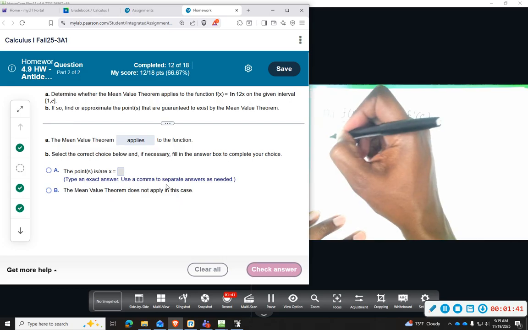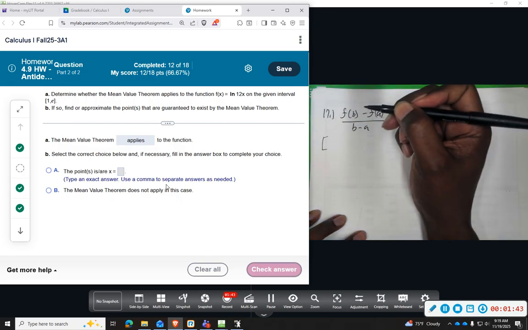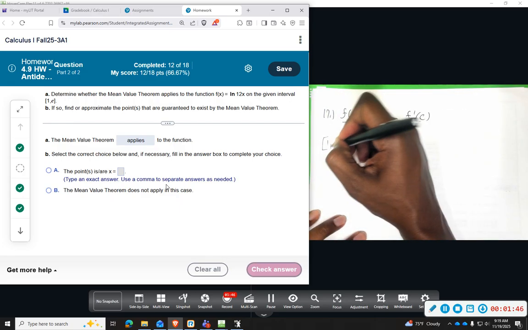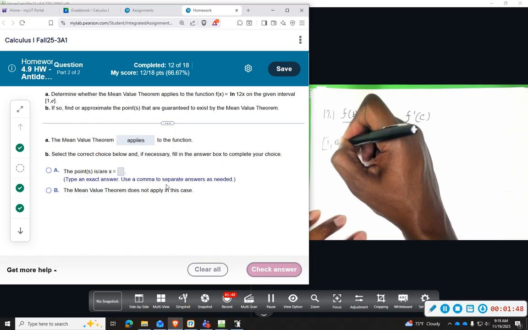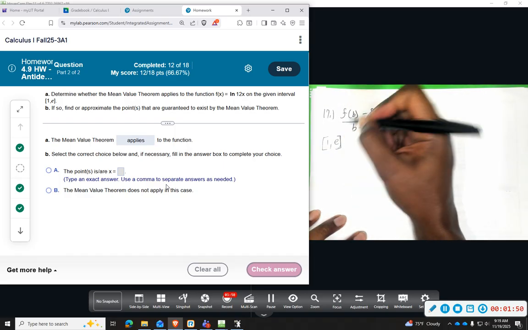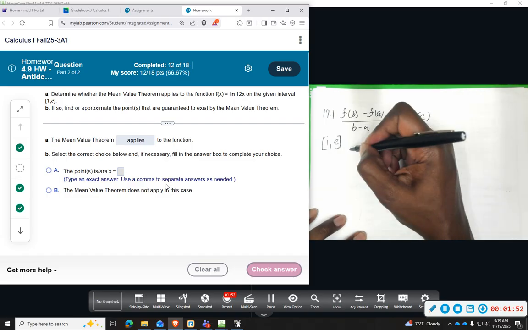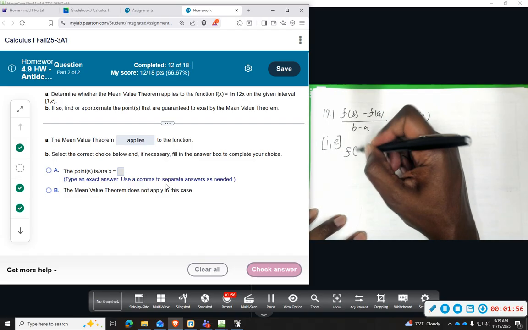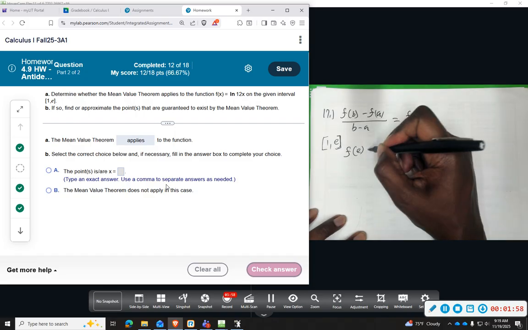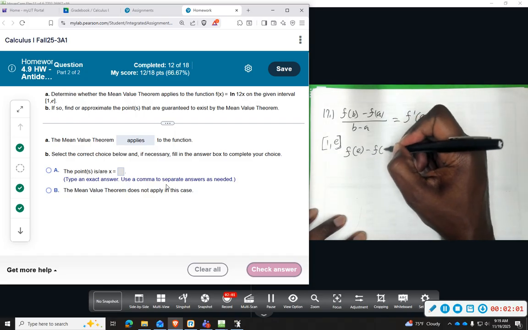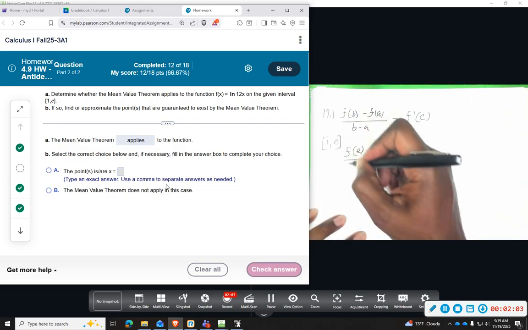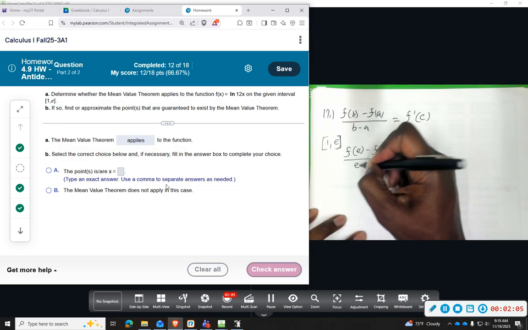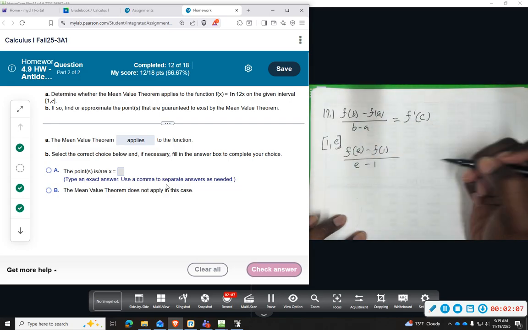We have two x values, 1 and e. So plugging 1 and e in, we're going to say f of e minus f of 1 divided by e minus 1. This will give us our slope.